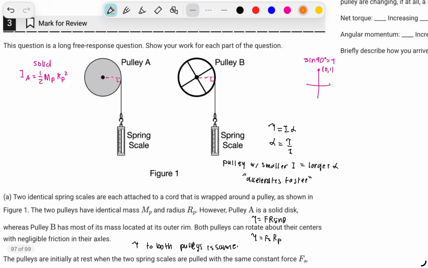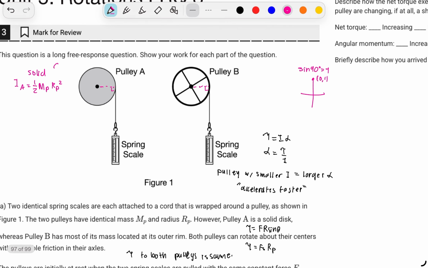On the other hand, pulley B is almost a wheel that is attached by rods to the rim. So the mass is concentrated at the rim. So I_B, for pulley B, is equal to MP RP squared.